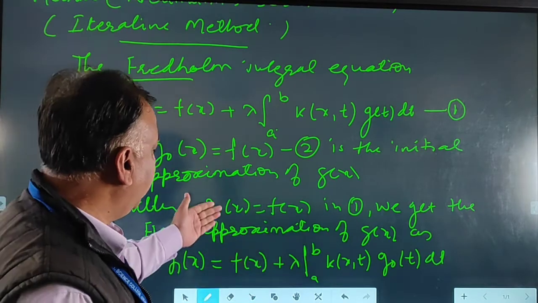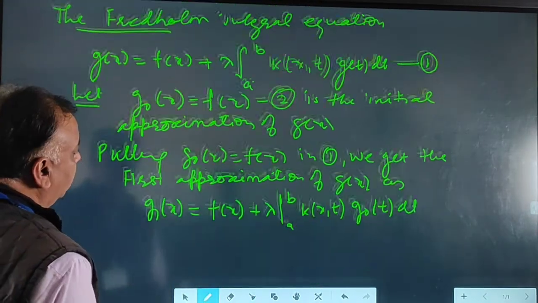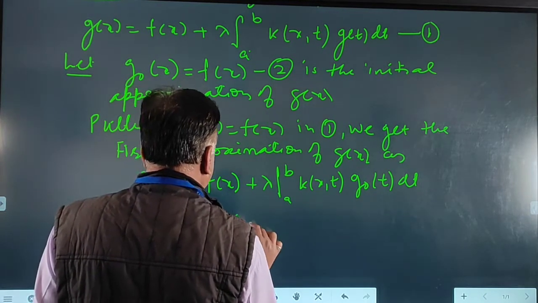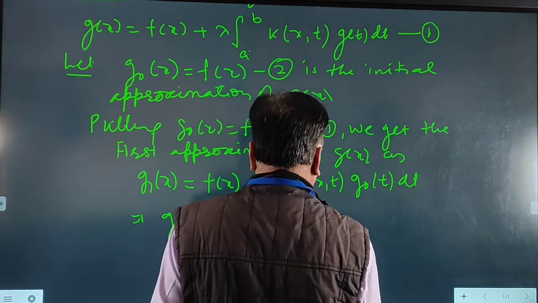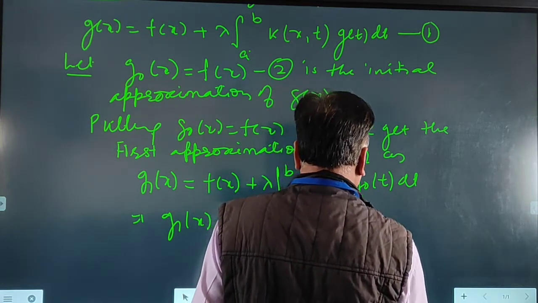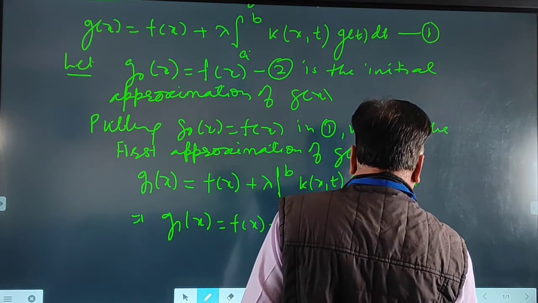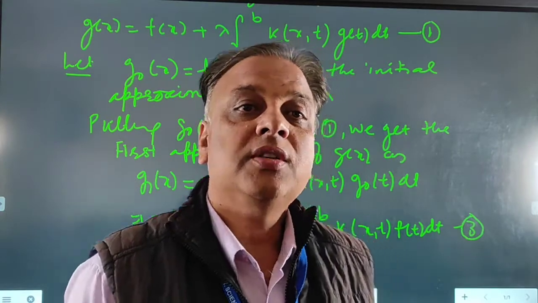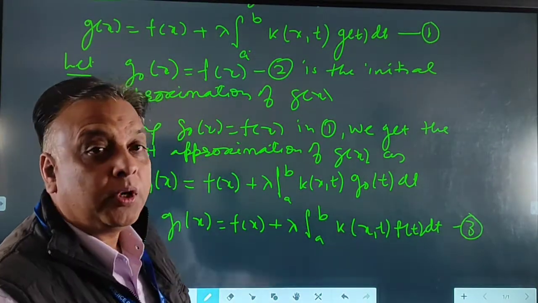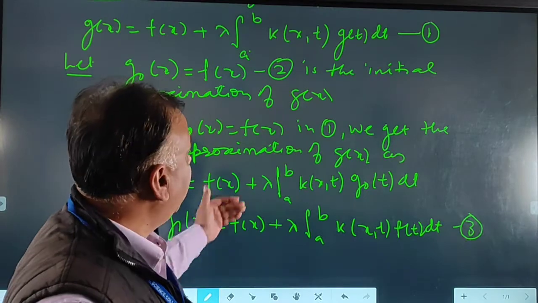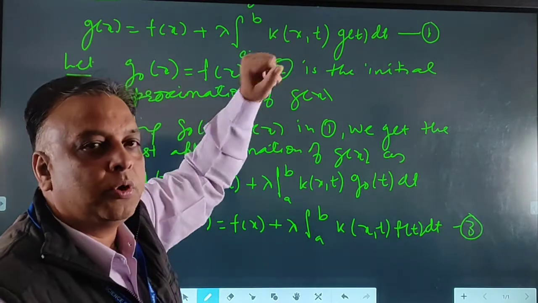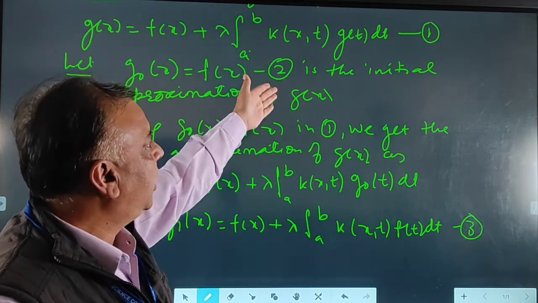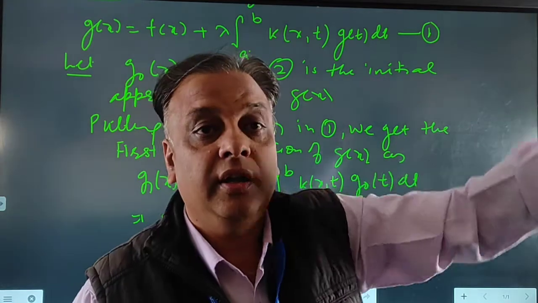Now as g0(t) we have taken as f(t), the first approximation is g1(x) = f(x) + lambda integral a to b K(x,t) f(t) dt, equation number 3. This is the first approximation. Now if we put the first approximation g1(x) in equation number 1, then we get the second approximation g2(x) = f(x) + lambda integral a to b K(x,t) g1(t) dt.